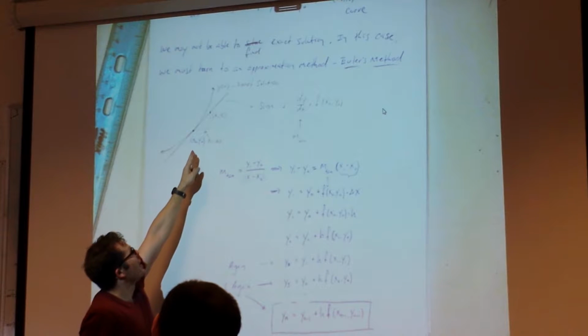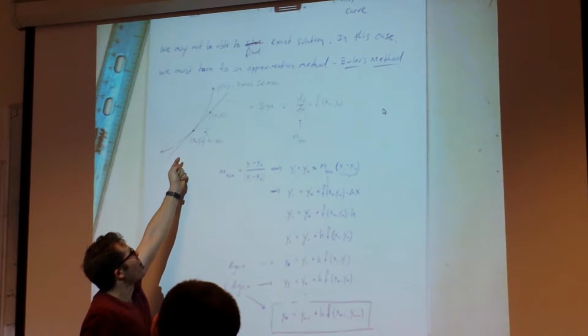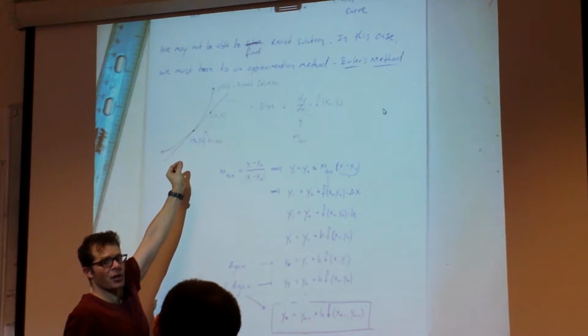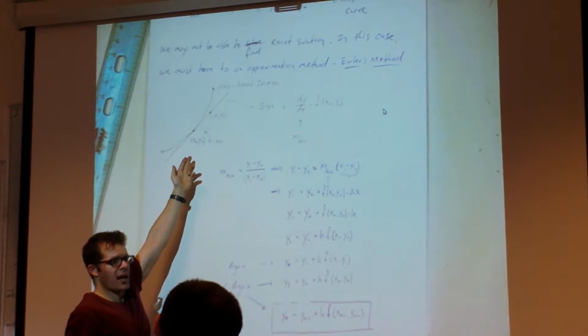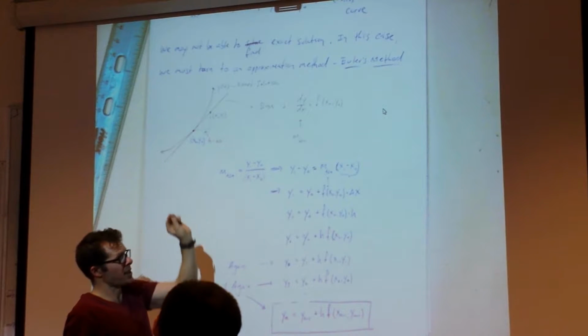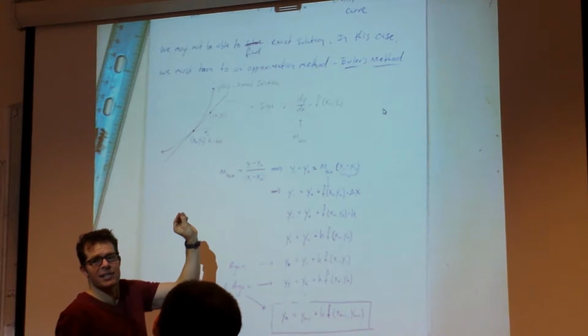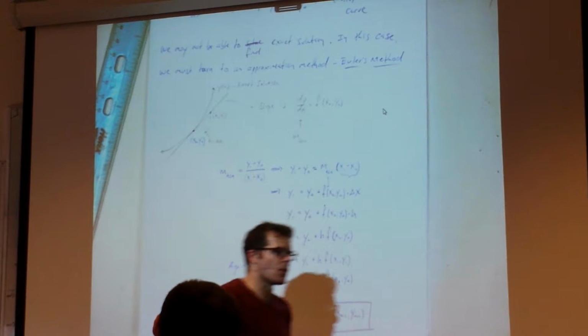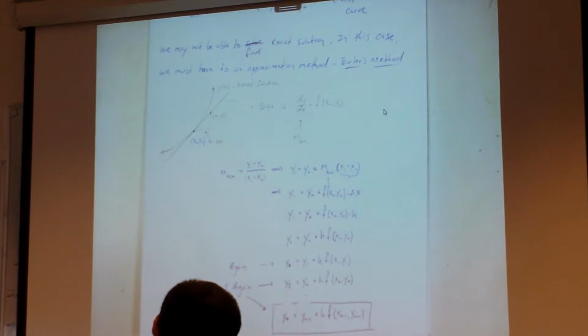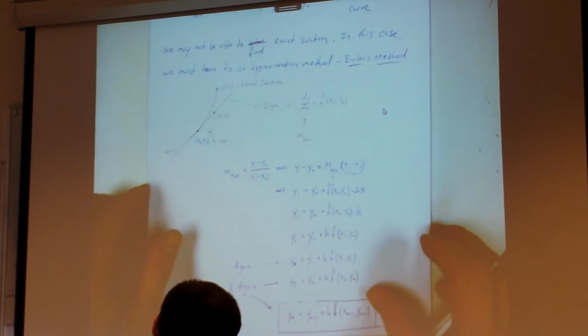But the idea is, if h is very small, then I'm going a tiny little distance, calculating my next y value, and it's going to be very close to the curve. So dy dx will be very close to the slope of the actual solution curve. Go off again in that direction a tiny distance. Okay? So the smaller h is, the better we stay close to the actual solution. So let's just see this in action.